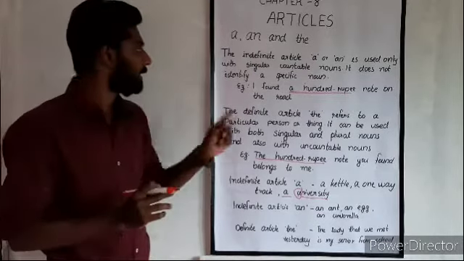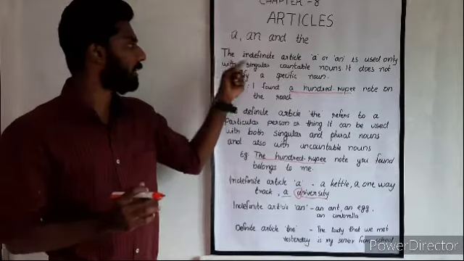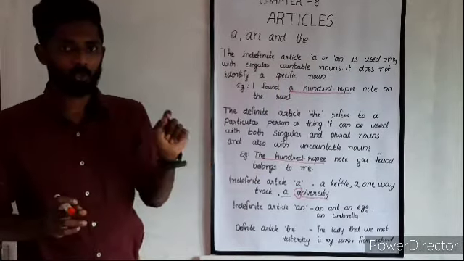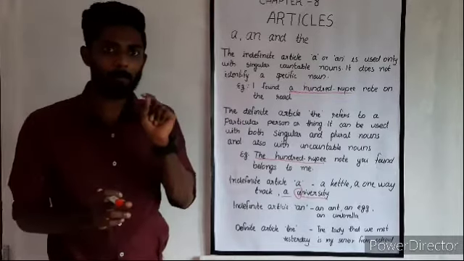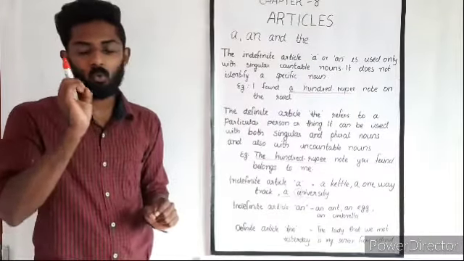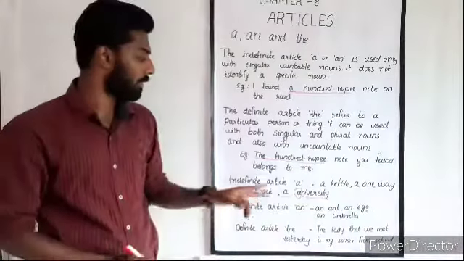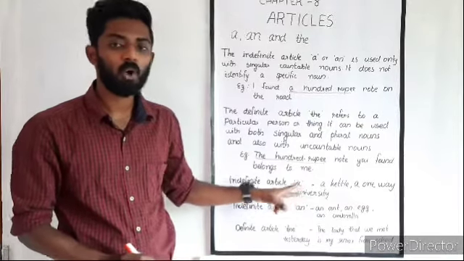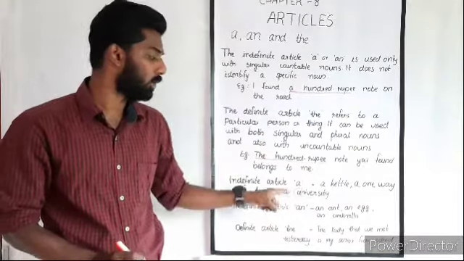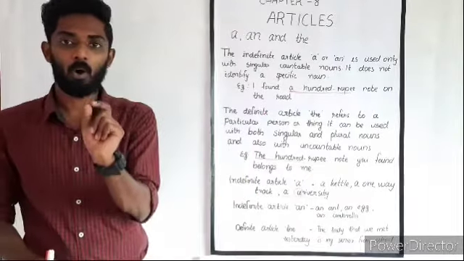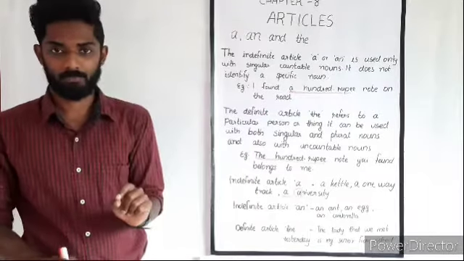As I said, the indefinite article a can be used before a noun beginning with a consonant, or a vowel with a consonant sound. Here the word begins with a consonant sound, though it begins with a vowel letter.